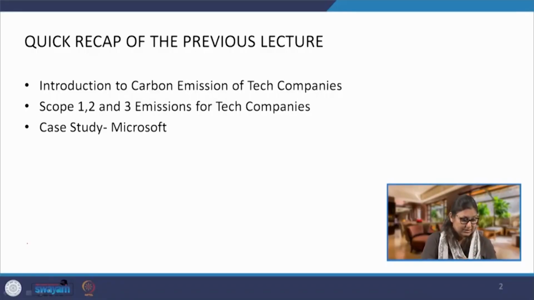For real estate companies, the buildings are products. So, there is operational energy that is going in, but there is a lot of scope 3 emissions which are going to accrue, because buildings are going to be handed over to users as products. Let us see the scope 1, 2 and 3 emissions for these real estate companies.